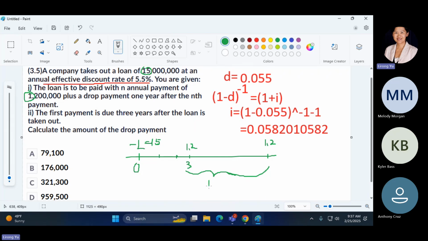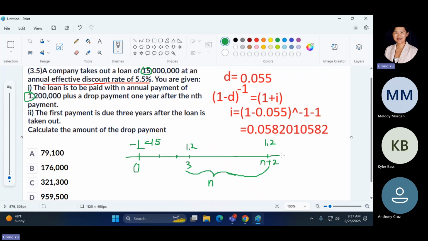So if we pay N payments, it's actually N plus 2. Three to 9 is 7 payments, right? So I think the last full payment will be at N plus 2.